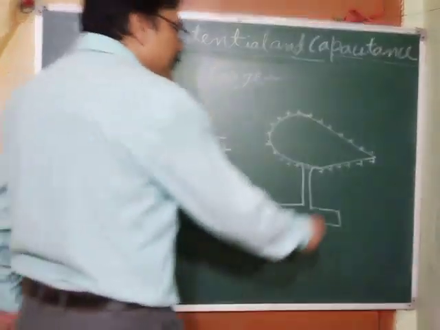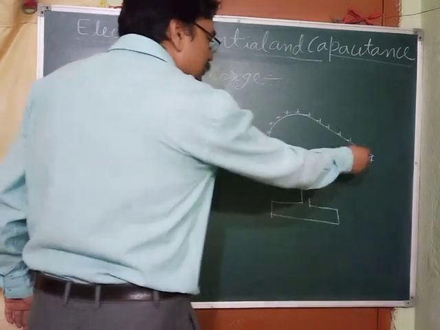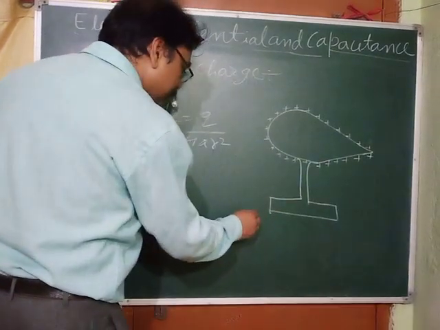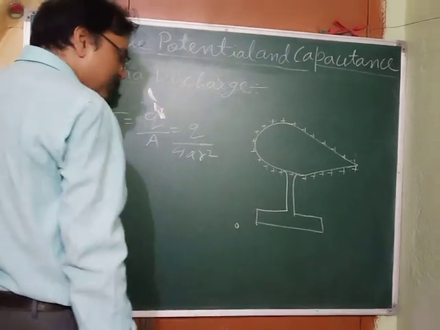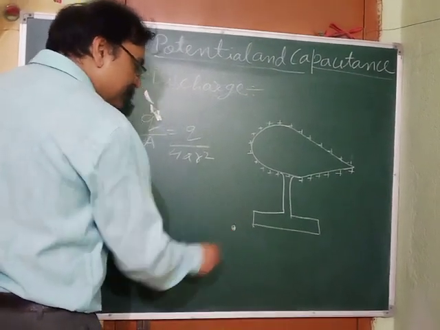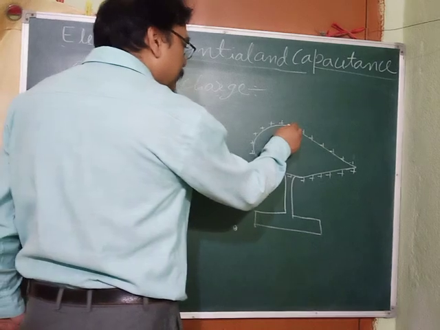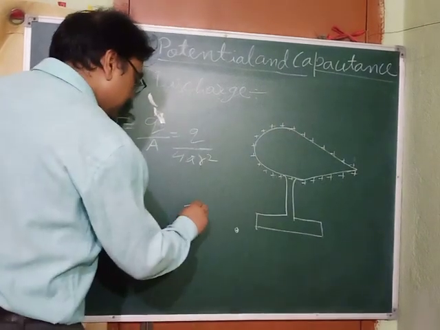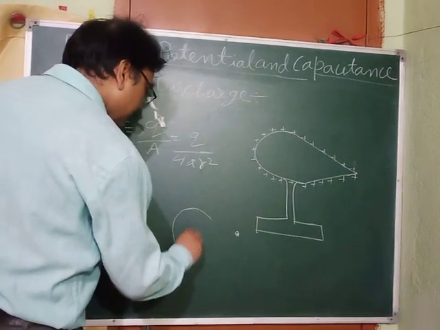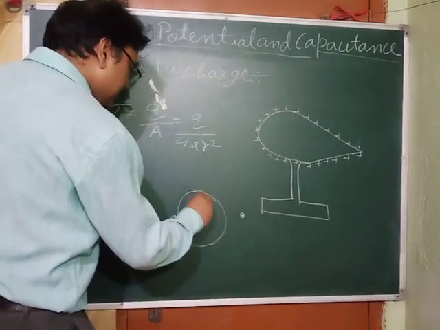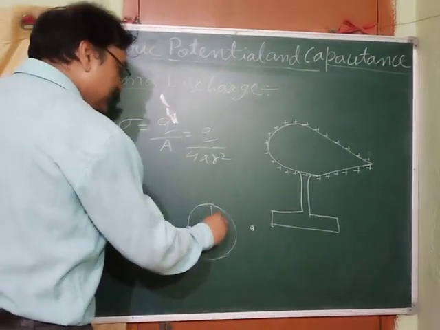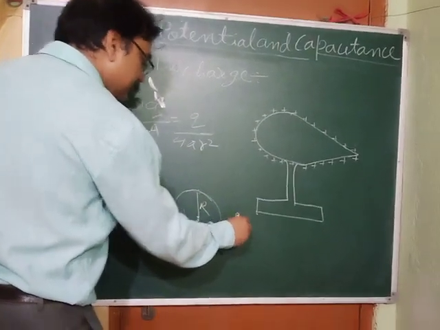Now at the pointed ends, it is somewhat like this. If you complete the sphere, you get a sphere whose radius is very small. If you take this other part and complete the sphere, you will get a bigger sphere, and its center is here, so its radius of curvature is larger than that of the pointed end.